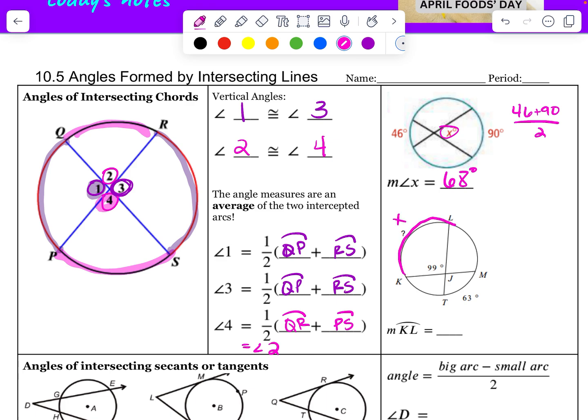So X plus 63 divided by 2 equals 99. In order to come up with X, the opposite of divide by 2 is times 2. So X plus 63 equals 198. 198 minus 63 is 135.